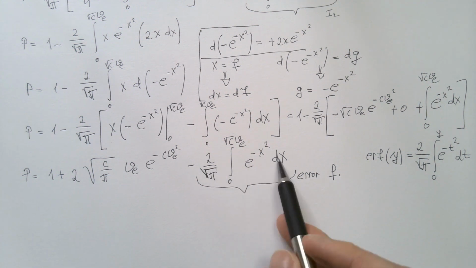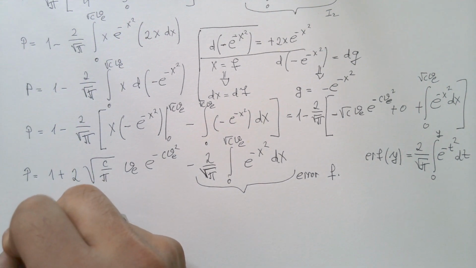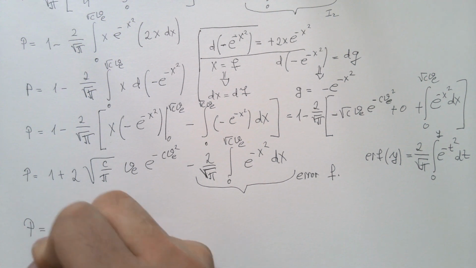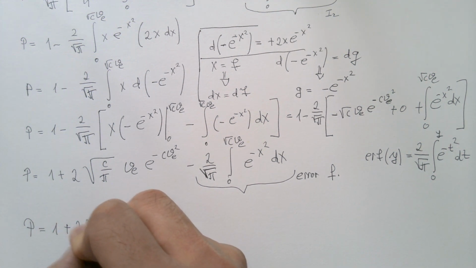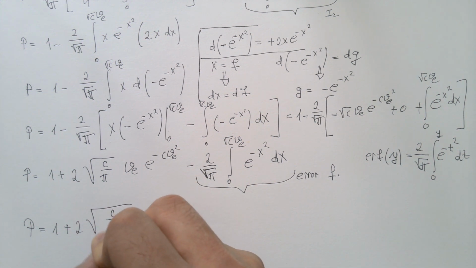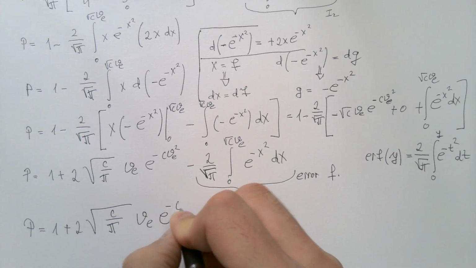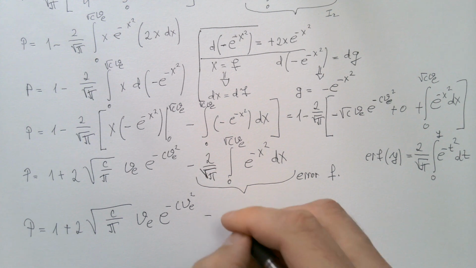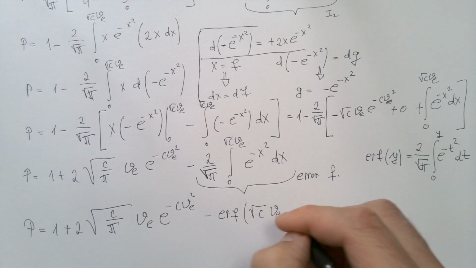And you can see this is exactly that expression, which means I can write that my probability integral p is equal to 1 plus 2 times square root c over pi ve e to negative c ve squared minus error function of square root of c ve.